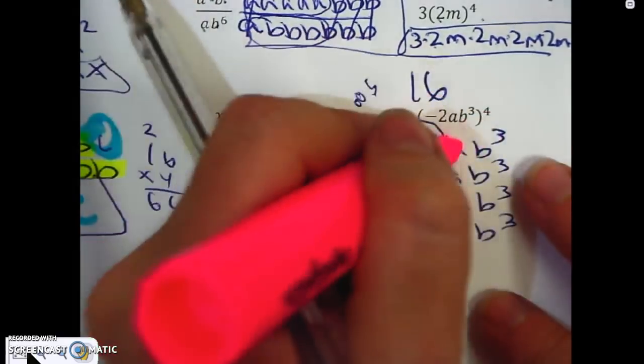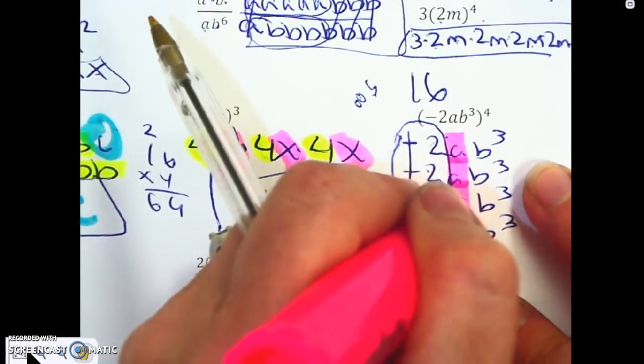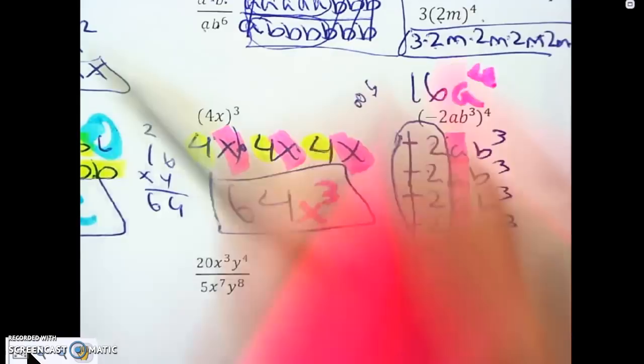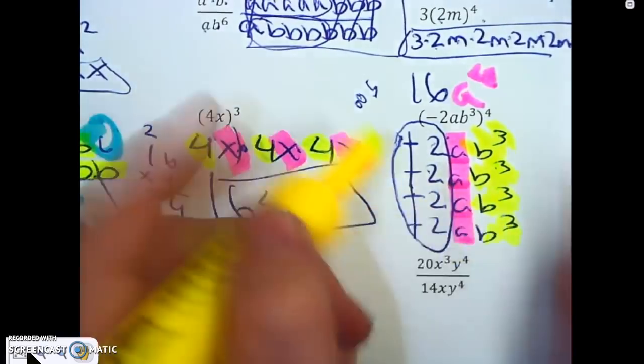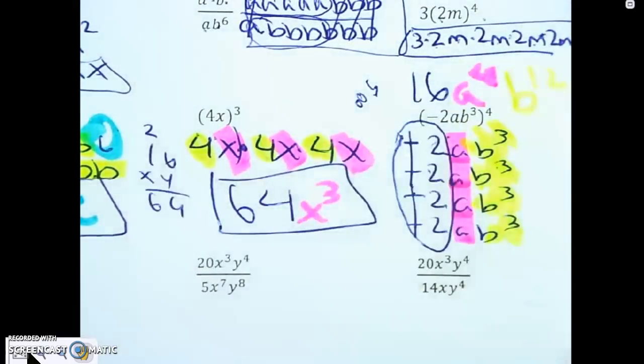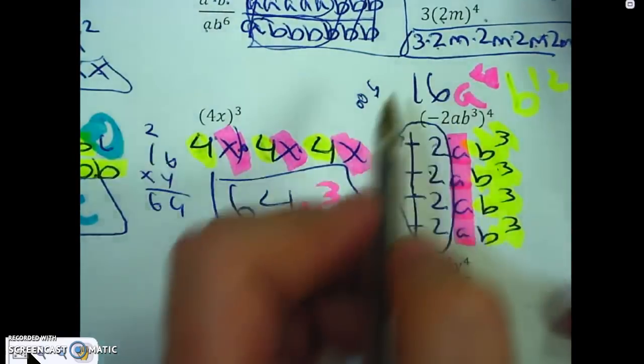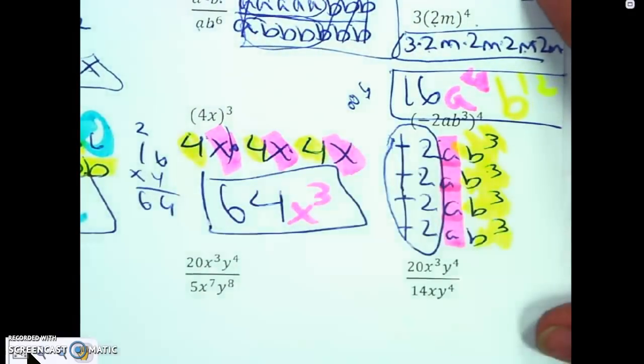How many a's do I have? 1, 2, 3, 4. A to the fourth. How many b's do I have? 3, 6, 9, 12. Let me show that, b to the 12th. Okay? Let's go to the next one.